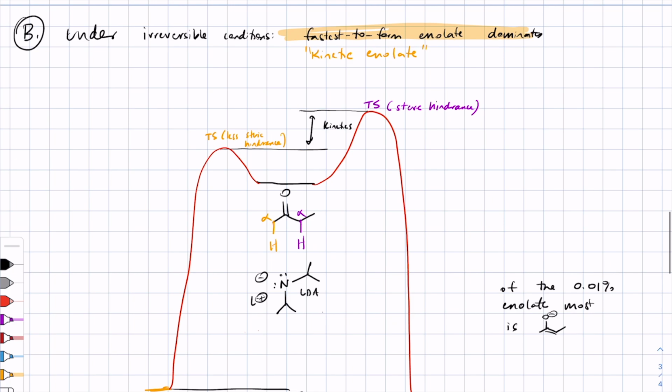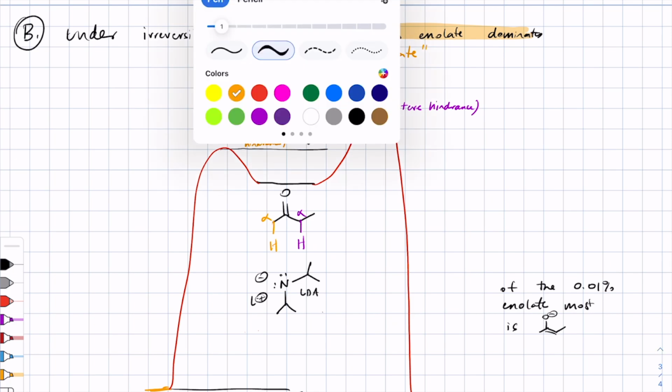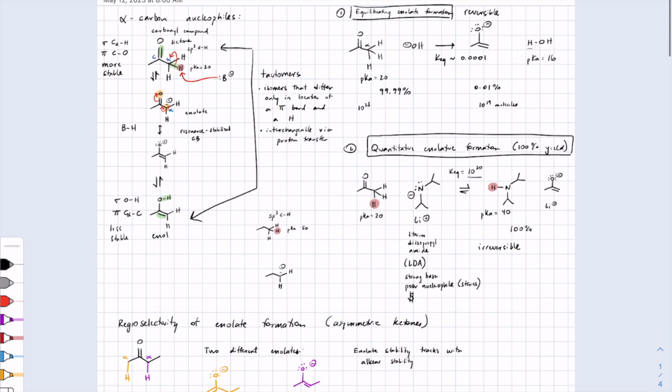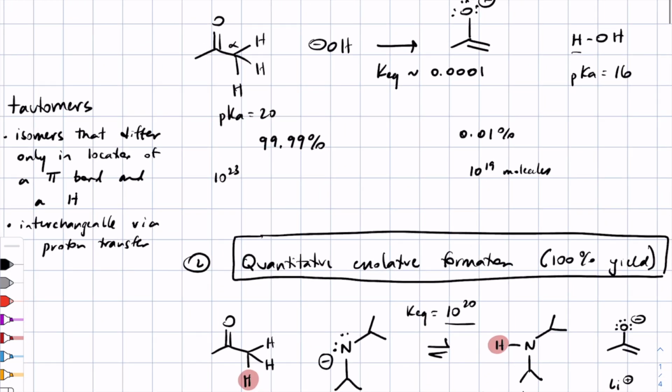Now, one other thing I guess I should mention about irreversible conditions. Well, let's just say this. If you use water as your base, you go to reversible conditions, right?